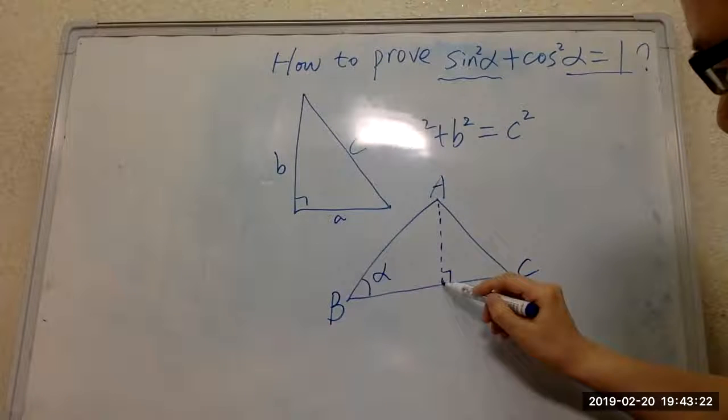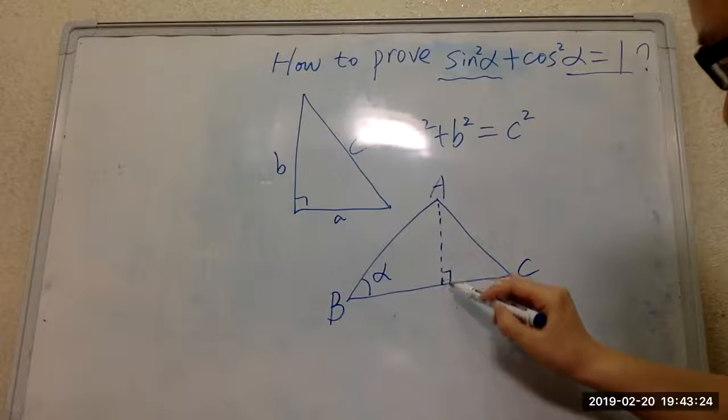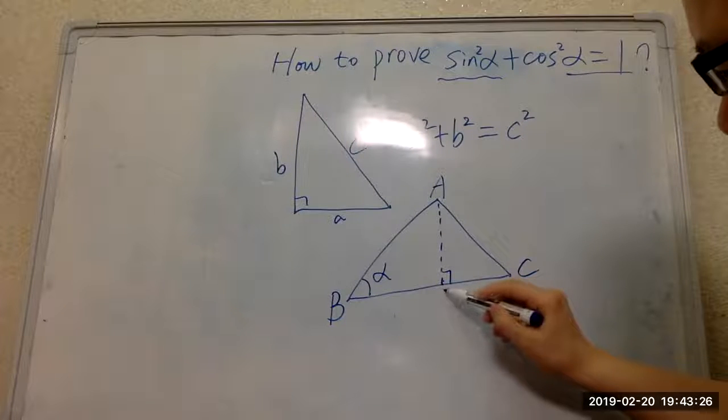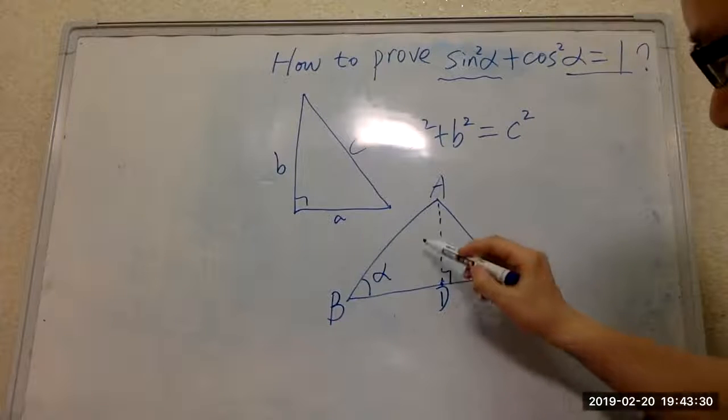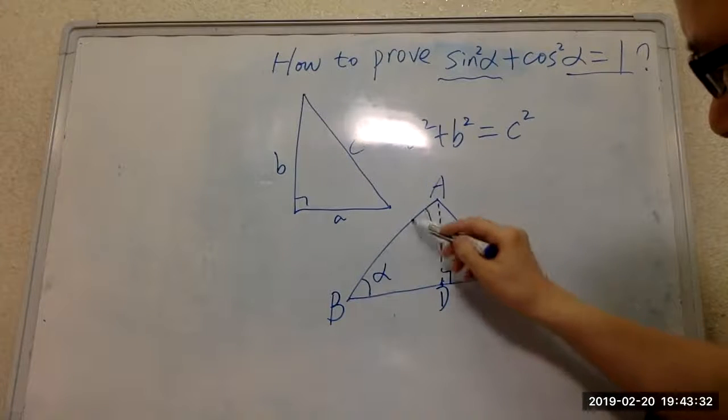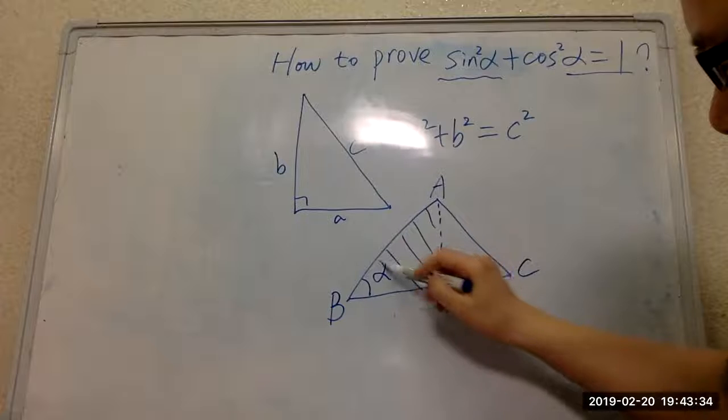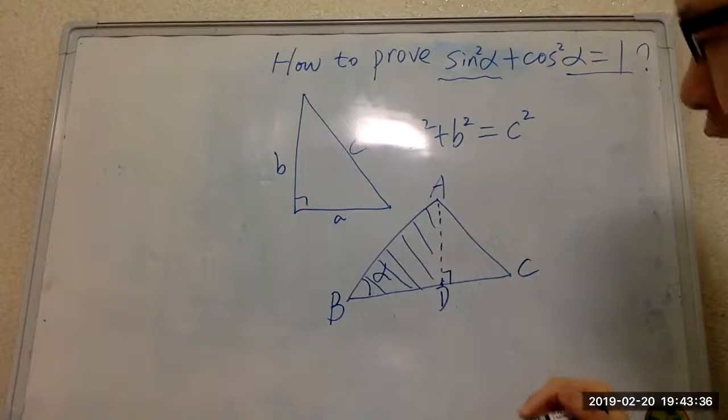So, for example, it intersects line BC at a point, call it D, and so this triangle is a right triangle, right?